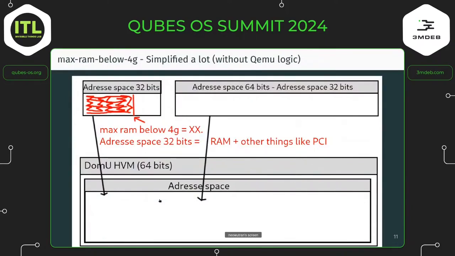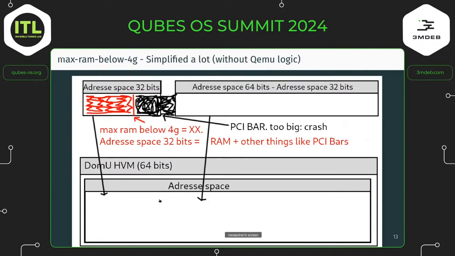To simplify things as much as possible, the address space of a system is composed of multiple things. Random access memory is one of those components, and a way to communicate with the GPU is another one of those components. So that's how we understood it. If the other things plus random access memory plus PCI were smaller than what we can store in a 32-bit address space, it worked.